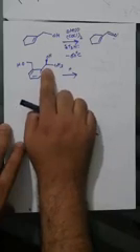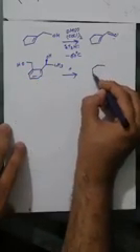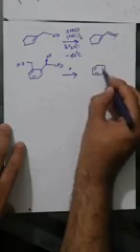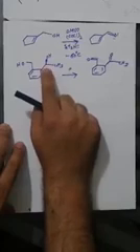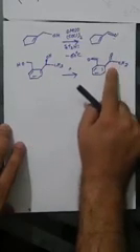We see here in this compound there are two alcohol groups. This one is secondary alcohol, and this one is primary alcohol. So upon reaction, we get this product. Primary alcohol changes into aldehyde, while the secondary alcohol changes into ketone.